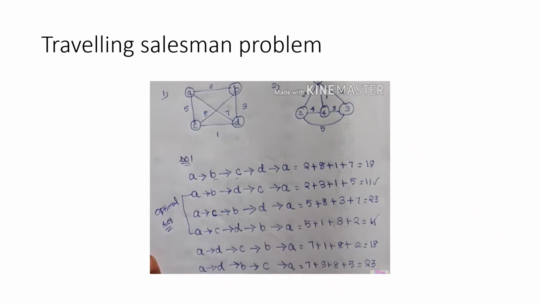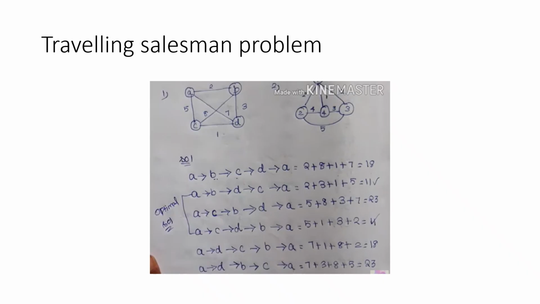And the next combination is A to D. So A to D is 7, and then D to C we take the value of 1, followed by C to B. C to B we take the path cost of 8, and then B to A we take 2 as the path cost. Totally 7 plus 1 plus 8 plus 2 equal to 18.